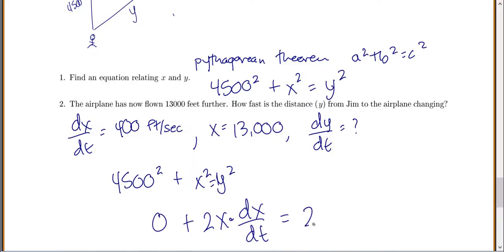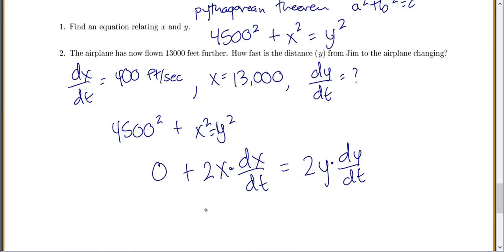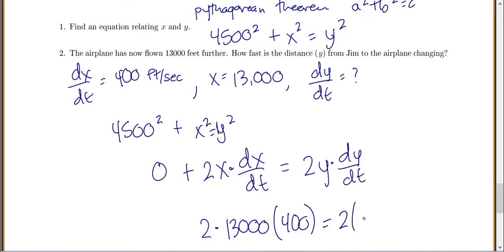And derivative of y squared would be 2y, but also dy/dt. Now you plug in all those numbers that you know and see what you get. So 2 times 13,000 for x times dx/dt, which is 400, equals 2 times y. I don't actually know y, so let's leave that blank for a minute.